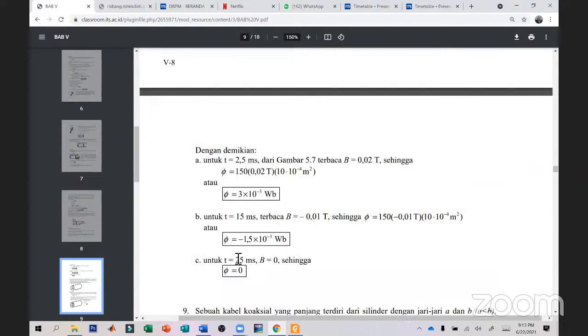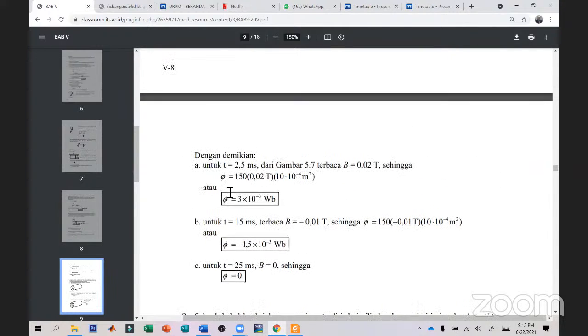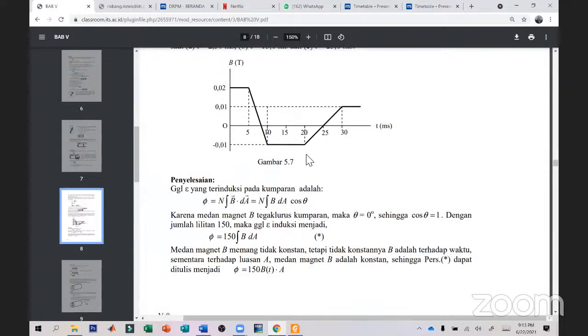Dan ini mungkin yang keliru ya, yang ditanyakan GGL. GGL terjadi ketika ada perubahan B. Kalau B-nya konstan tidak ada GGL. Jadi GGL-nya terjadi di sini. Ini bisa dihitung sendiri. GGL-nya sama dengan perubahan fluks terhadap waktu, N dA, yang berubah berarti B-nya, karena sudutnya 0, searah antara B dan luas penampang.